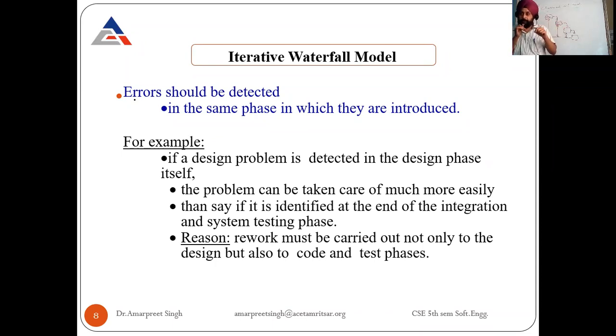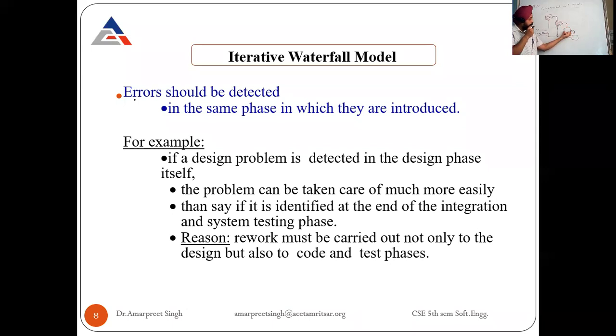Say it is detected at the end of the integration and system testing phases. The problem remained from the design phase, but we are now working on the testing phase. So what should be done? Through this feedback, we should move back to the design phase.